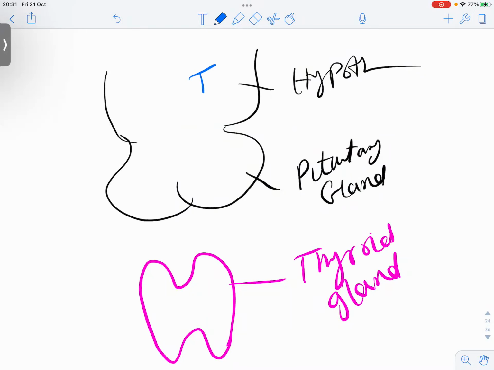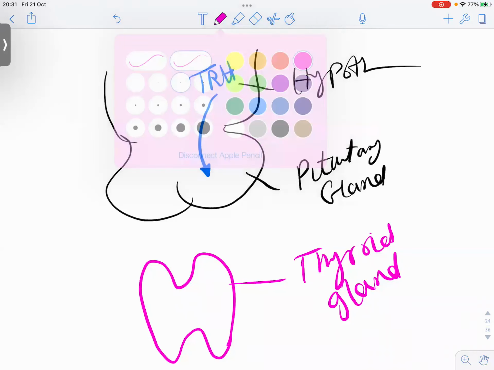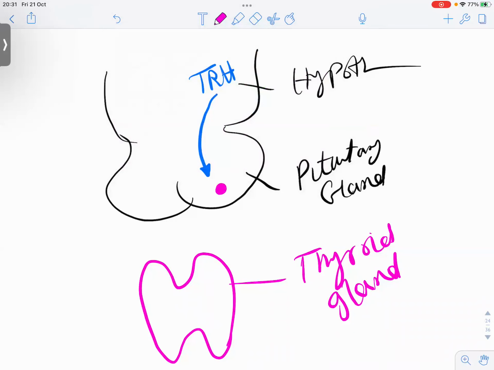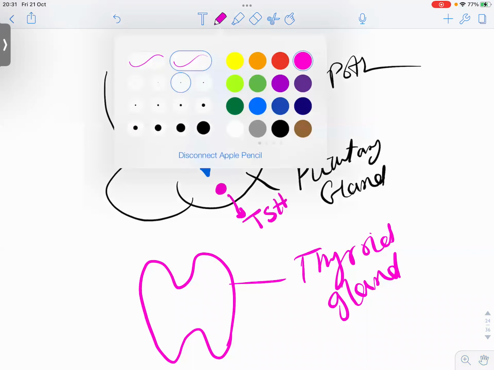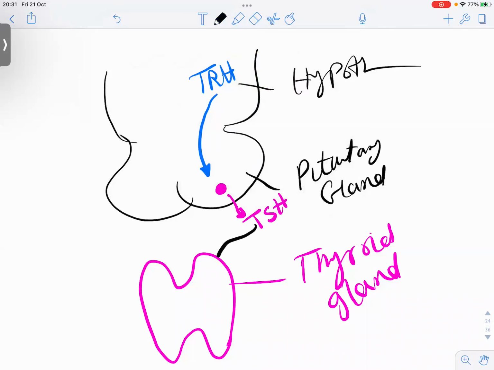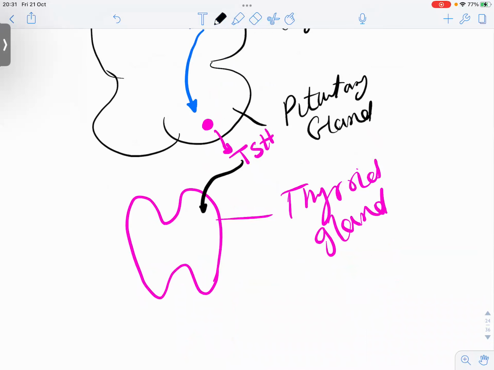The hypothalamus will secrete thyroid releasing hormone, which will go to some cells in the pituitary gland called thyrotrophs, and it will give the order to the thyrotroph to release thyroid stimulating hormone, and thyroid stimulating hormone will go to the thyroid gland and give it the order to secrete thyroid hormone T3 and T4.